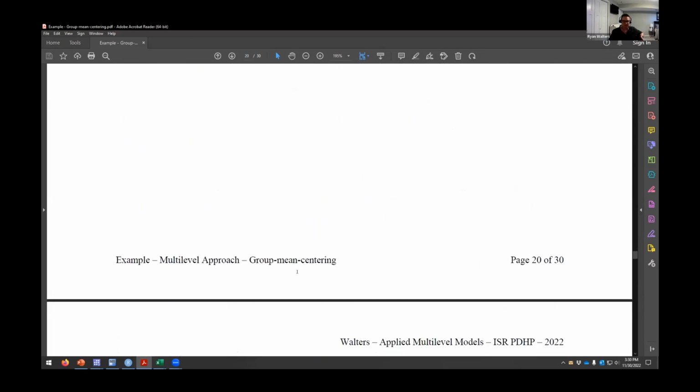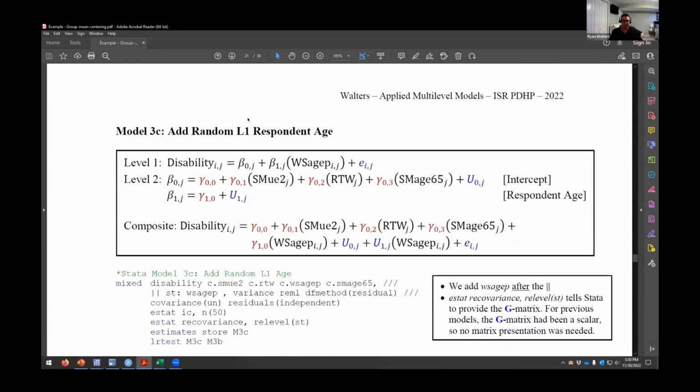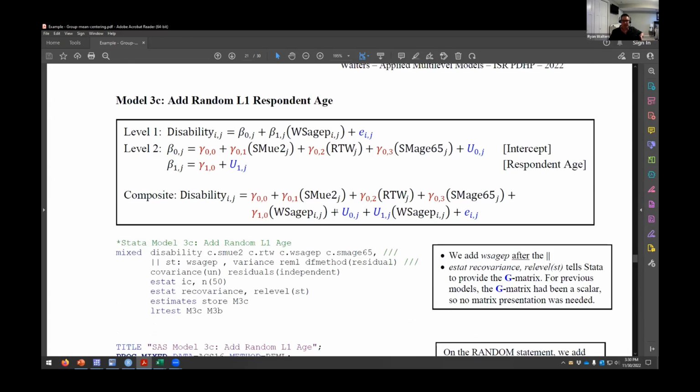Here's some interpretations. I'm going to add random level 1 respondent age. Again, because within state age is a pure level 1 effect, we don't have to worry about including state mean age on the random statement at all. This is a pure level 1 thing.